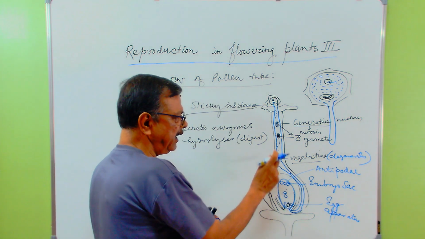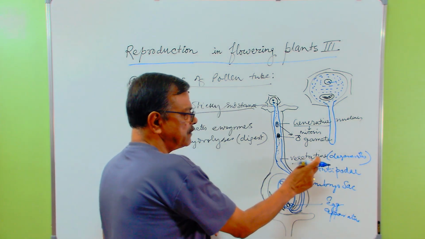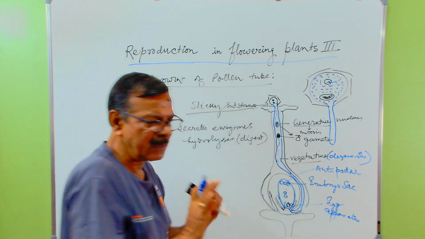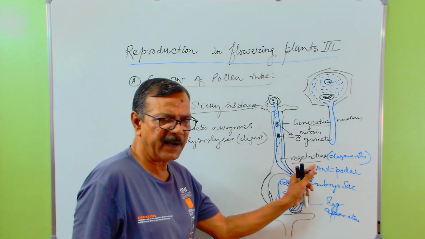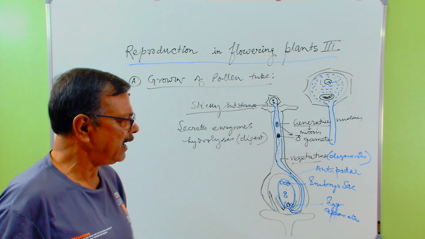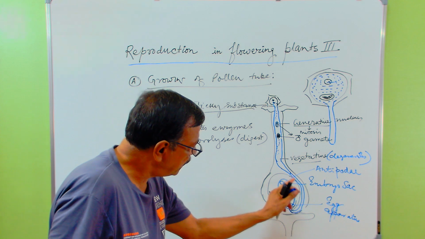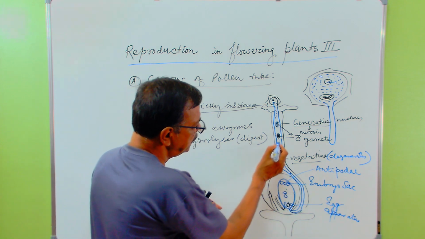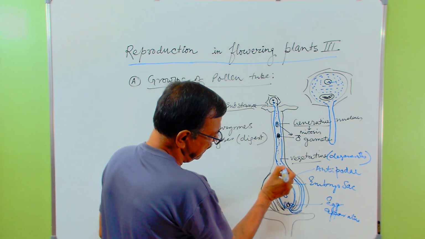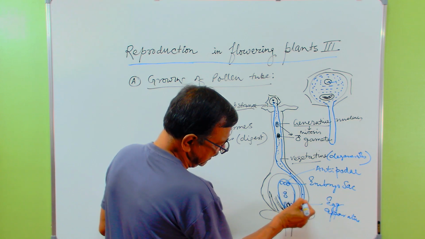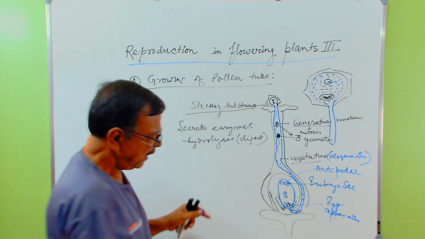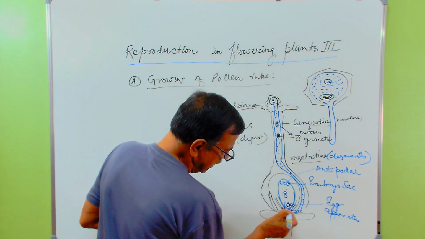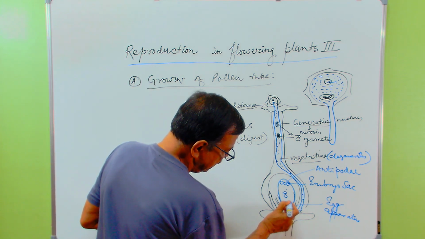Prior to entering, its vegetative nucleus disappears because of its rudimentary or vestigial nature. Now, the two male gametes are coming here, and out of the two male gametes, one male gamete fertilizes the ovum.